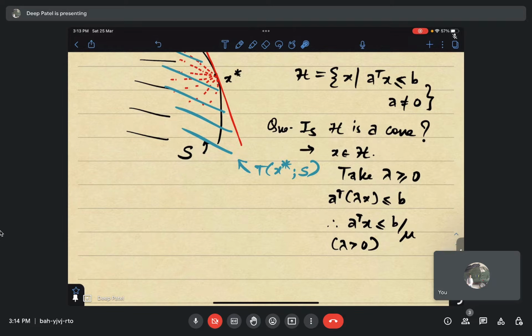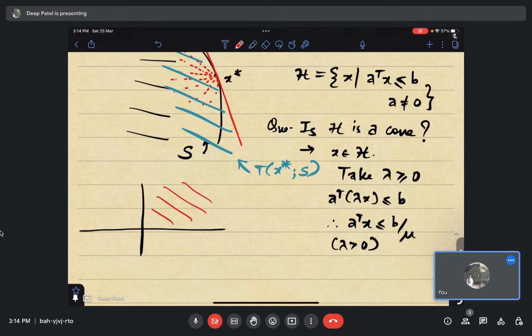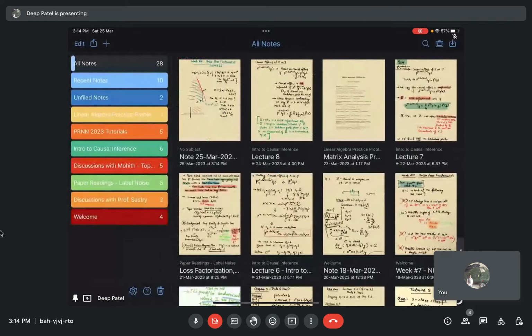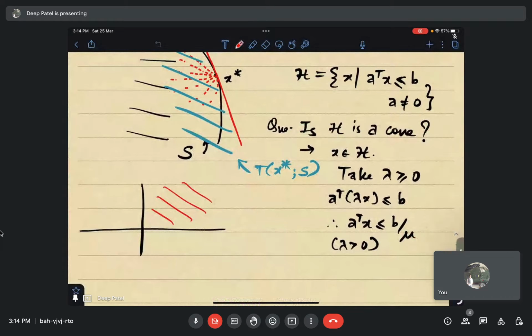What I'm trying to say is, if I were here, then it's okay, right? If I were in this quadrant. But how about, oh, sorry, I'm giving the wrong example.